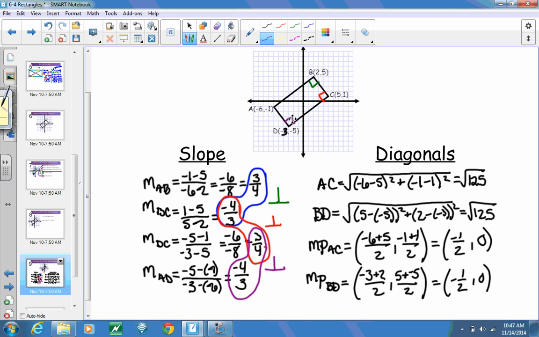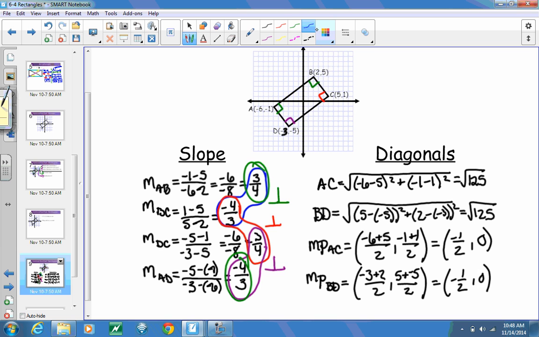So we have a third perpendicular line. And then finally, if I take a look at our AB and our AD, they are opposite reciprocals as well, so they're perpendicular. So the slope formula here tells me that I have a parallelogram because opposite slopes are the same, and it's also showing me that I have a rectangle because there are 4 90-degree angles.